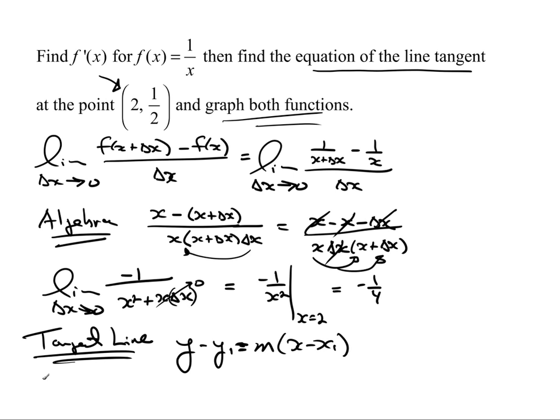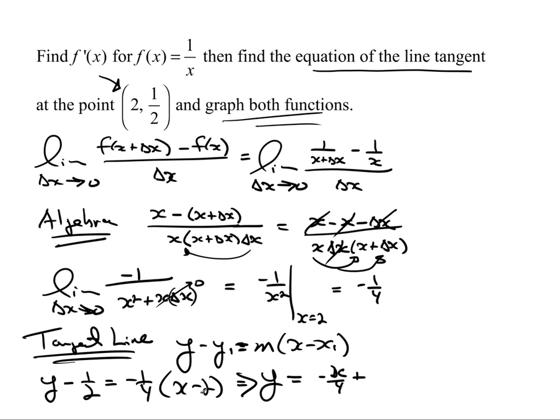Then I'll have y minus a half equals negative 1/4 times x minus 2. So that would imply that y is equal to negative x over 4 plus 2 over 4, which is plus a half. So my equation of the tangent line is going to be y equals negative x over 4 plus 1.